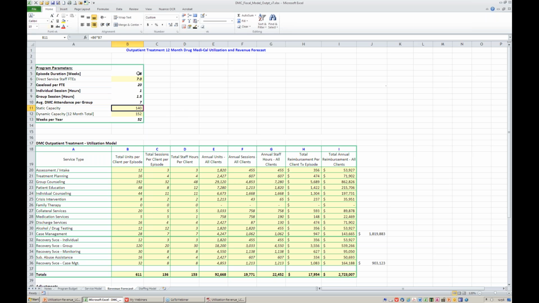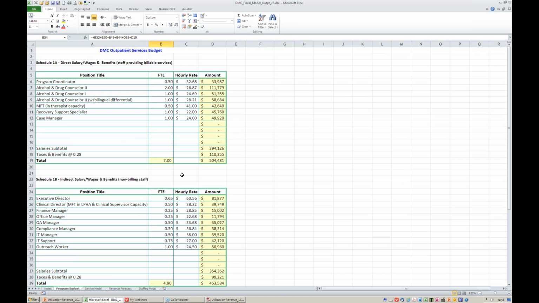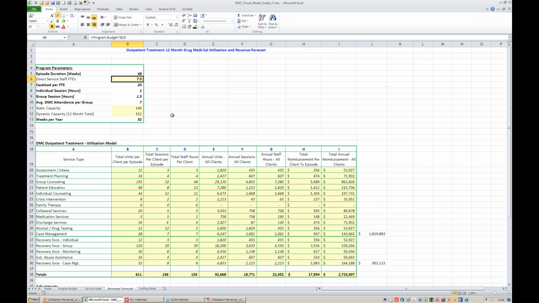Here we calculate: the 7 FTEs, this is brought forward from the budget of your billing staff, which we see right there, 7. Then the static capacity, which would be a snapshot of how many patients you have on the caseload at any given moment.